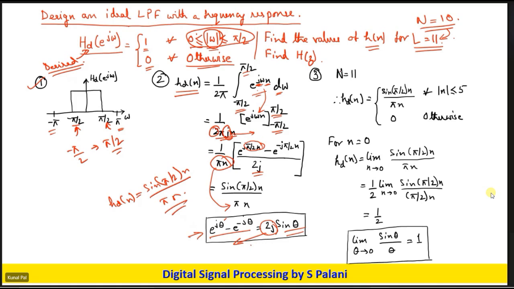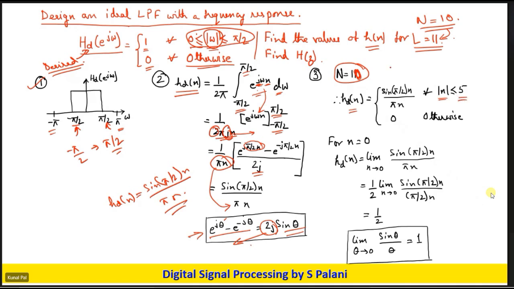Now herein, N is equal to 10. There is a mistake over here. So N is equal to 10. In this case, we have to calculate h_d(n) for values of modulus of n less than or equal to 5.